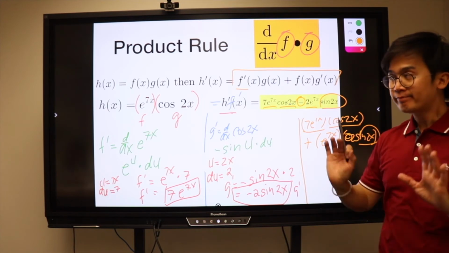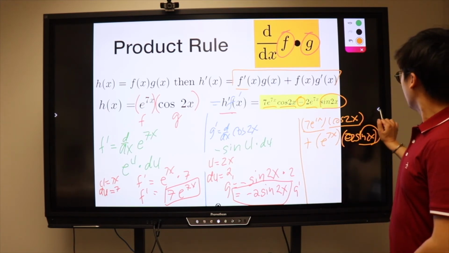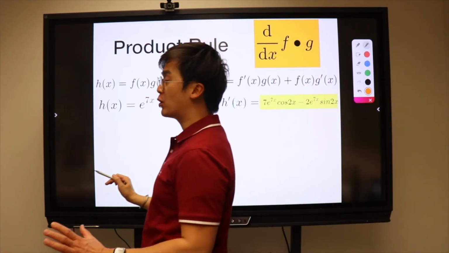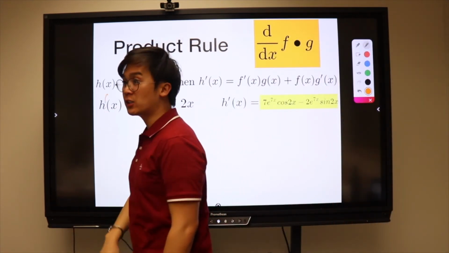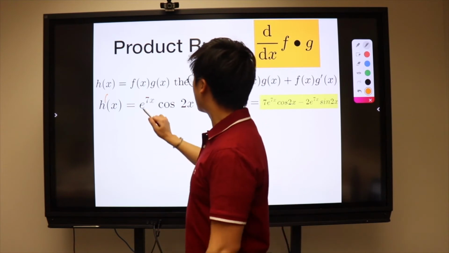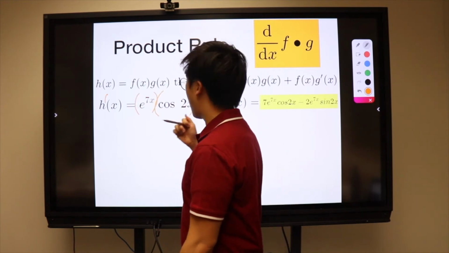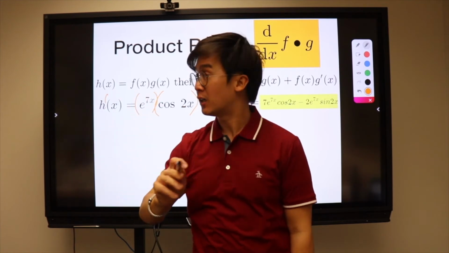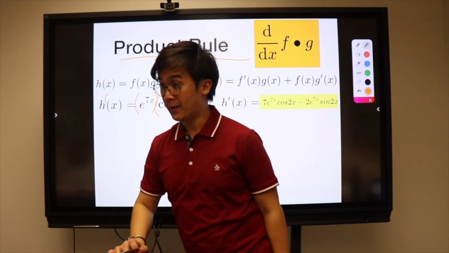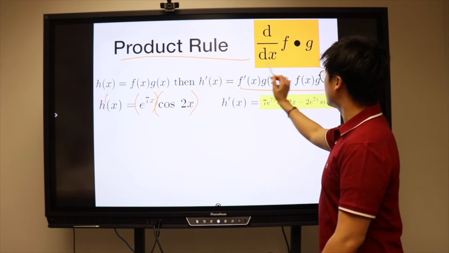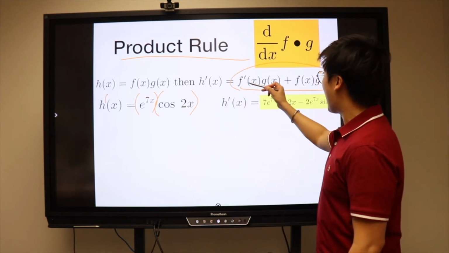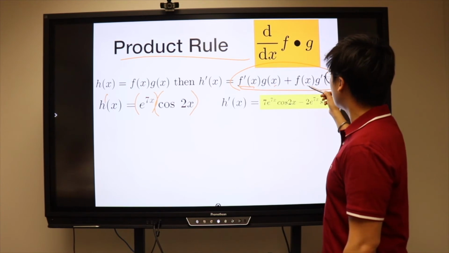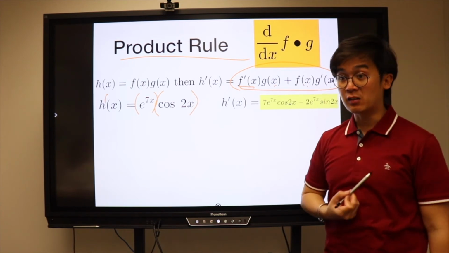Okay? Now, recap of this long method. Every time you're finding the derivative of h of x or any function, make sure that you are identifying your f and your g so you can use your product rule. And again, it's all about symbols. F prime means the derivative of f, g is the original, f is the original, and g prime is the derivative of g.